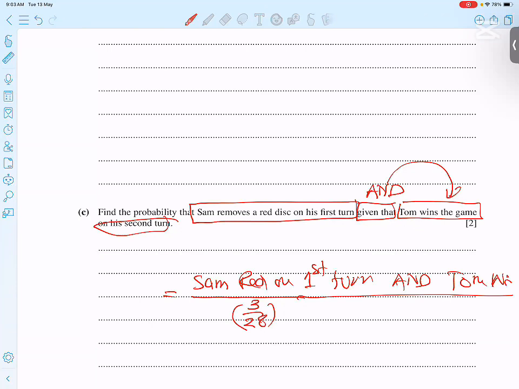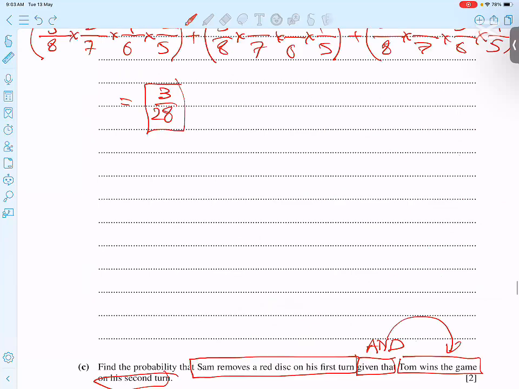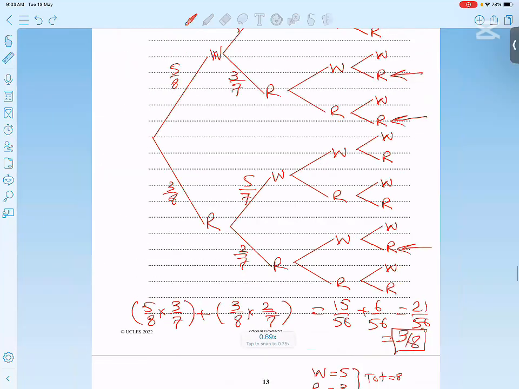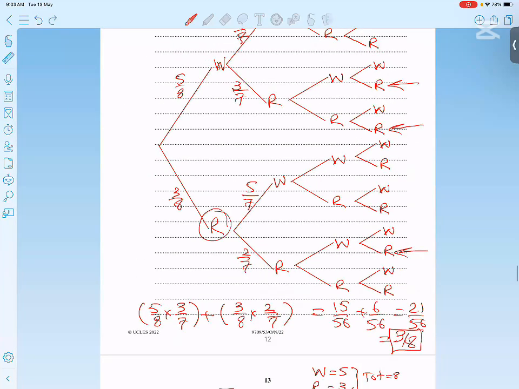So how to write it in a statement? So read and check it. Sam got a red on the first turn, and Tom wins. So we talk about actually Sam got a red in the first turn and Tom wins. So this branch he talks about.